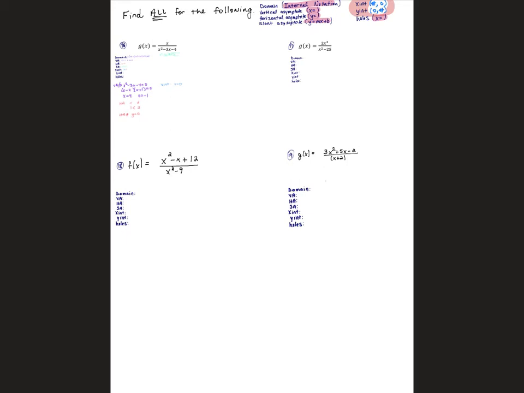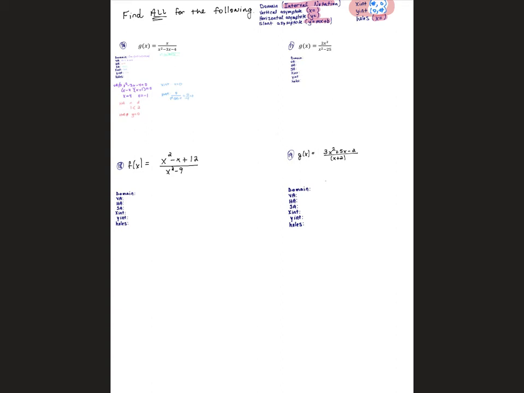For the y-intercept, we plug in 0 for all of our x's. So my y-intercept is going to be 0 over 0 squared minus 3 times 0 minus 4. So I get 0 over negative 4, which is 0. So my y-intercept is at 0, 0.